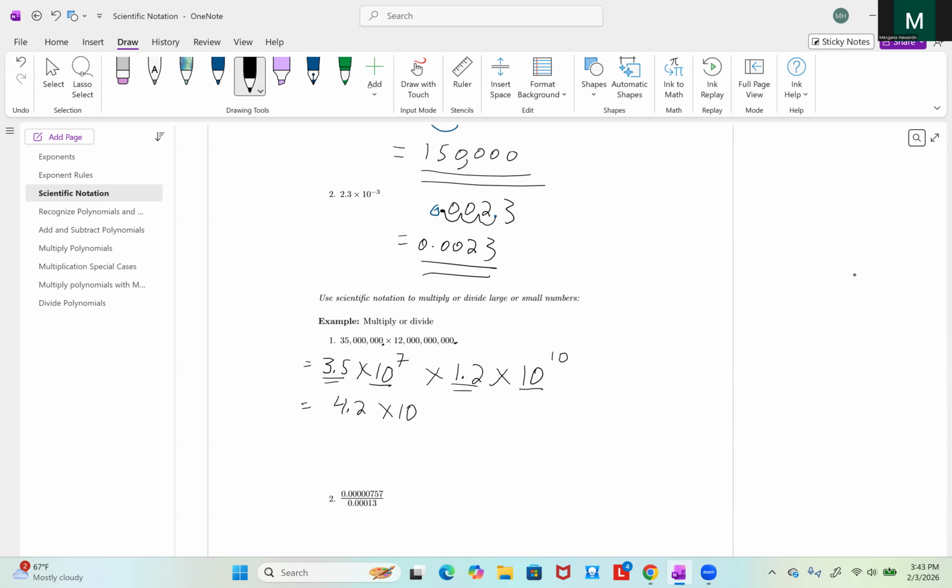They have the same base, so we just add the exponents. So this product is 4.2 times 10 to the power of 17. Okay, so this is the answer.